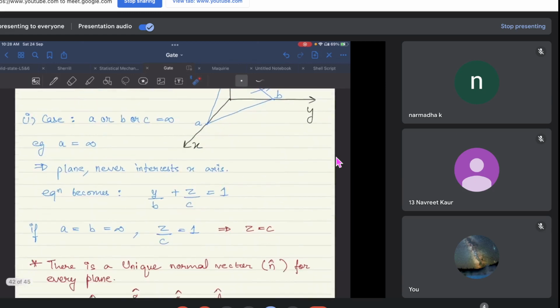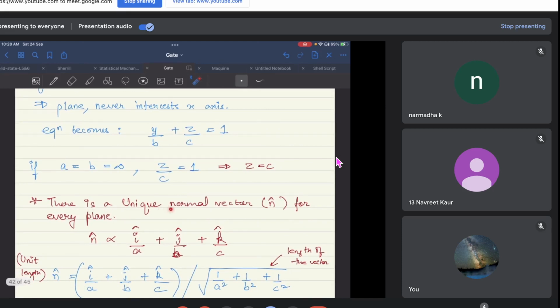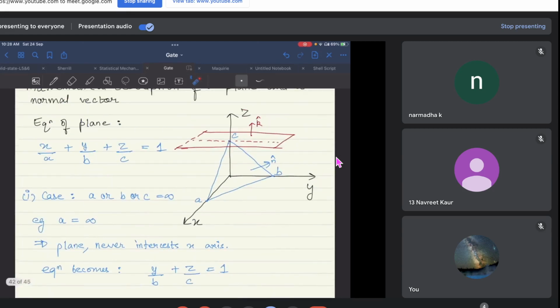Also, for every plane, there is a unique normal vector. For example, the plane in blue has one unique normal vector, shown with a direction, that is n vector.